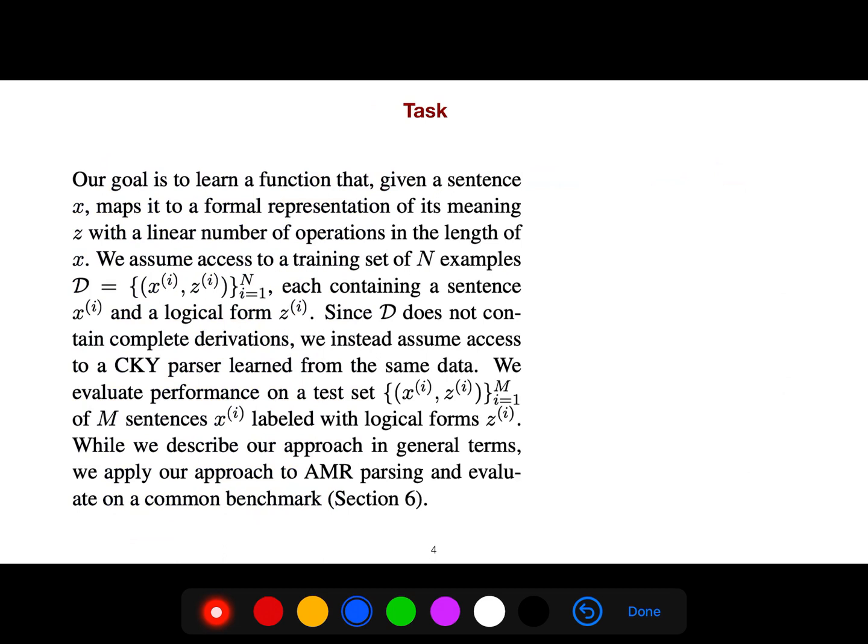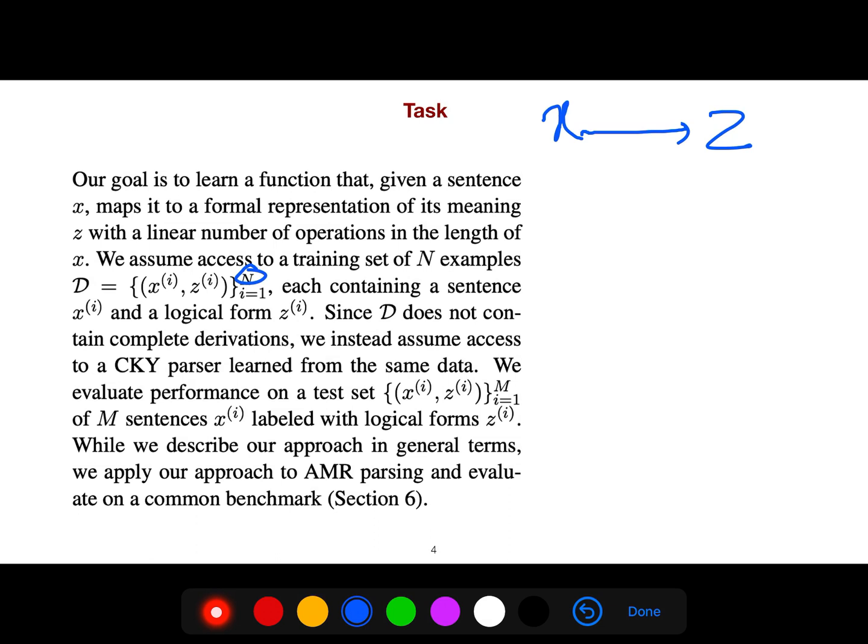So our goal is to learn a function that, given a sentence X, maps it to its formal representation of meaning, our meaning Z. And we assume we have access to a training dataset of these meaning representations. For example, for n sentences, we have n meanings.